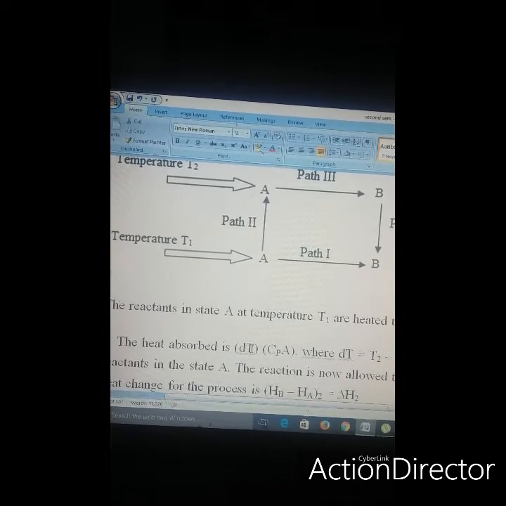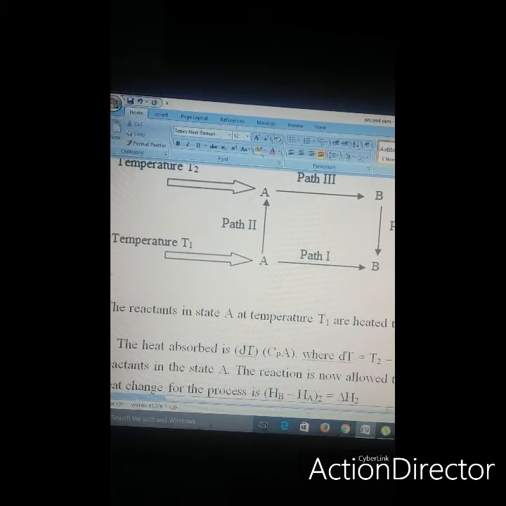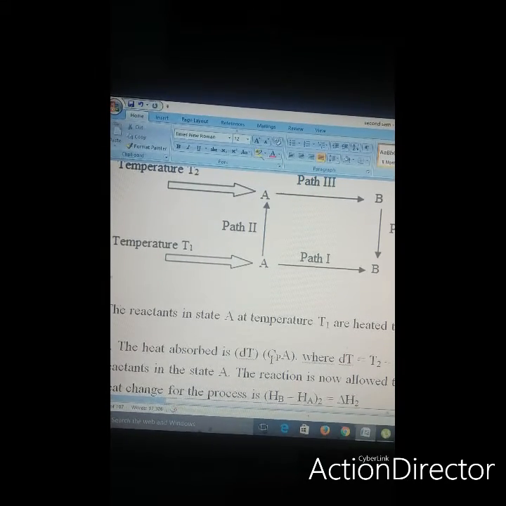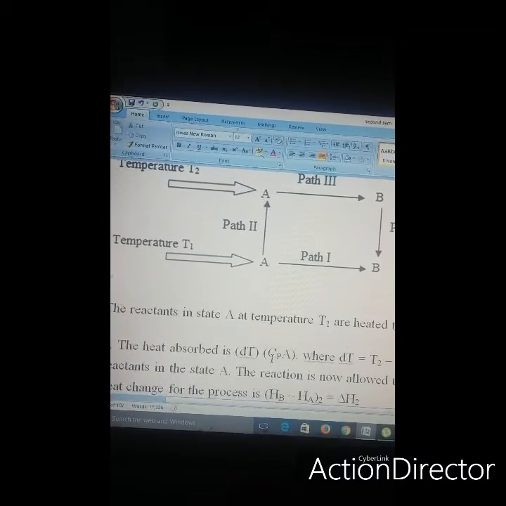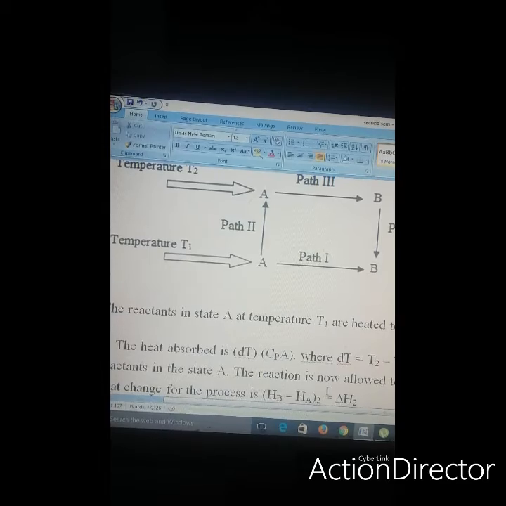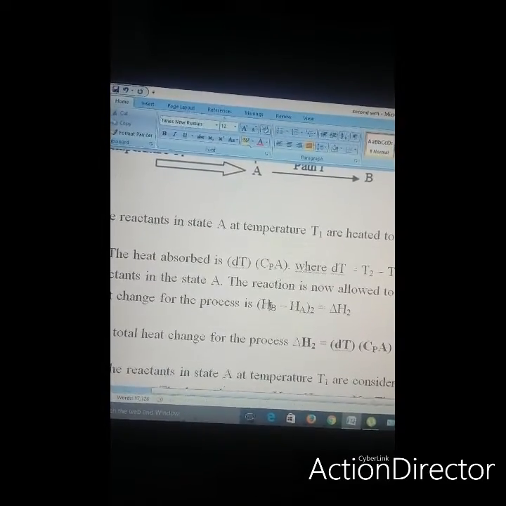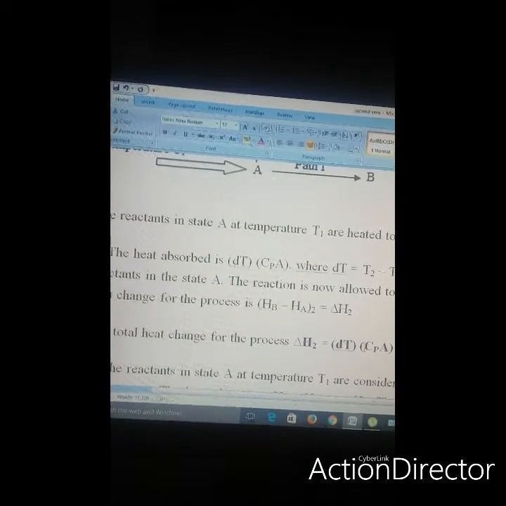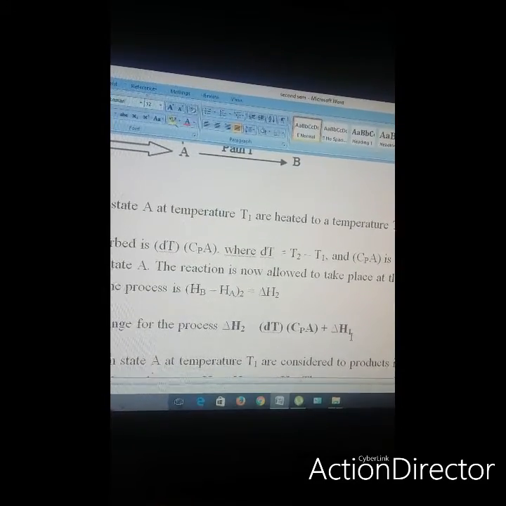The heat absorbed will be dT Cpa, where dT is the change in temperature and Cpa is the heat capacity of the reactant in state A at constant pressure. The reaction is not allowed to take place at this temperature, and the heat change follows the process Hb minus Ha is equal to delta H1. So the total heat change will be equal to dT Cpa plus delta H1.